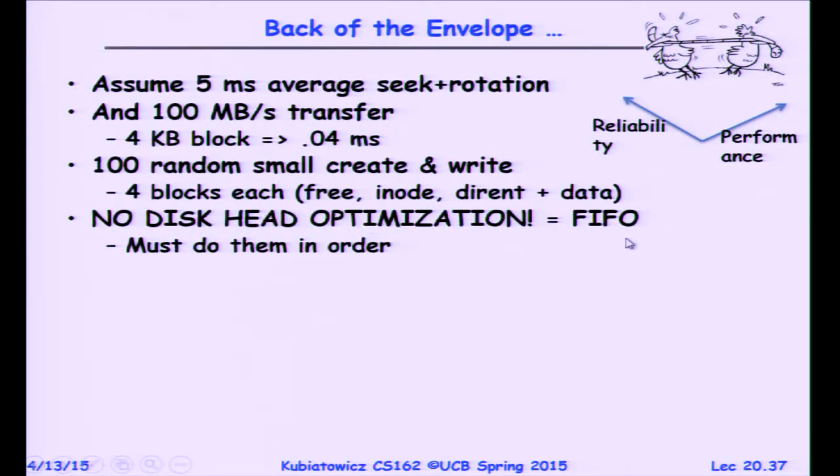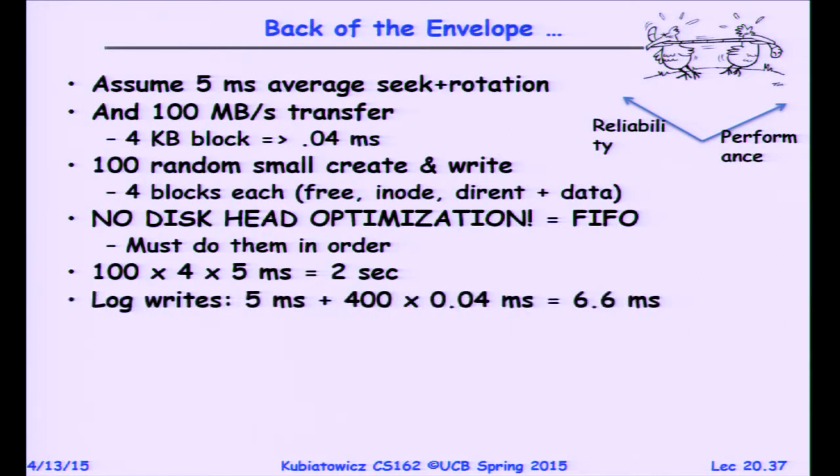Suppose we don't have any disk head optimization, so we're just doing things FIFO. What happens? You can compute this, and you end up with about 2 seconds to do those 100 operations. That's because the disk head is going all over the place. We're smearing all over the disk.